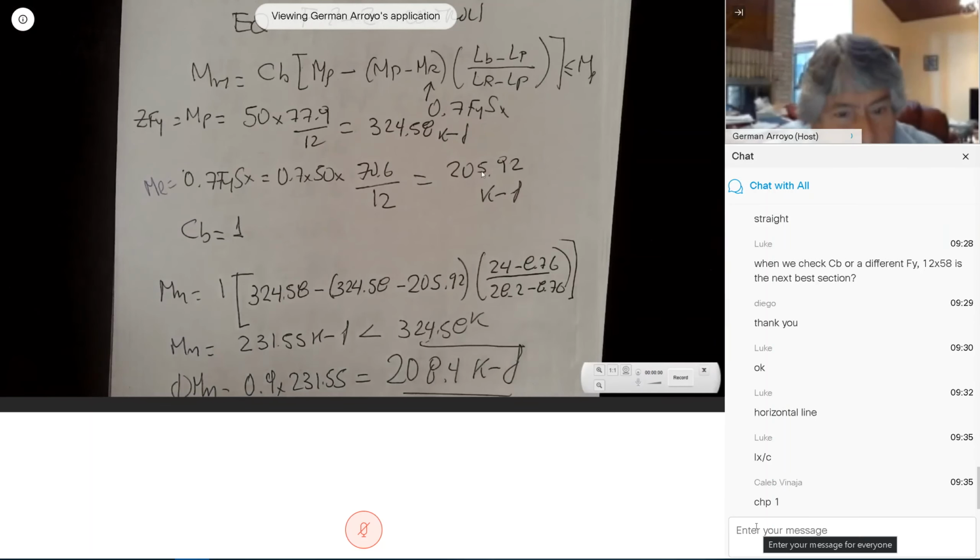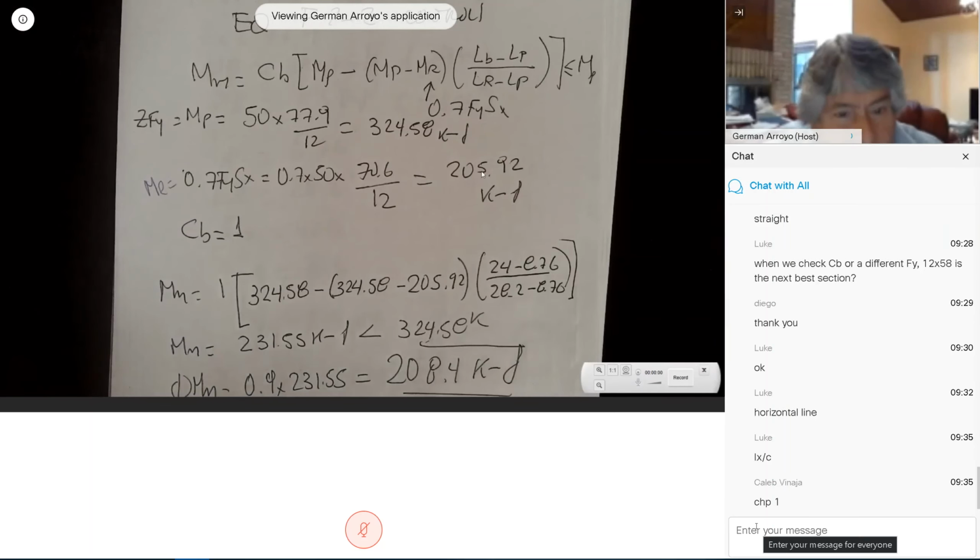So at the end, we say, use W12 by 53. But look how good these charts are. Do you want to have the formula at the end?